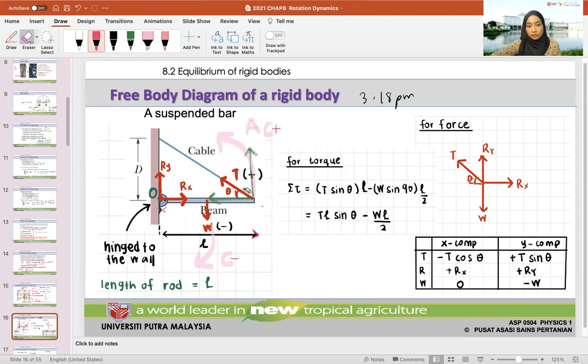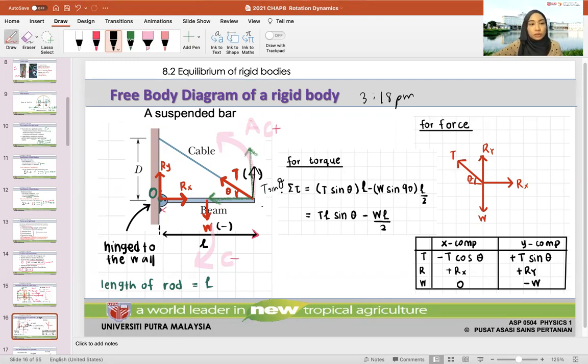So we found out that the tension over here has a radius to the axis of rotation as L. So from the axis of rotation to the point of this force is L. That is the radius and this is the force. However, the force is not perpendicular, so we have to resolve. So this becomes T sine theta.